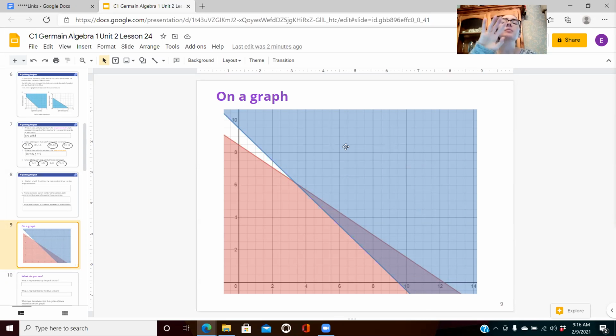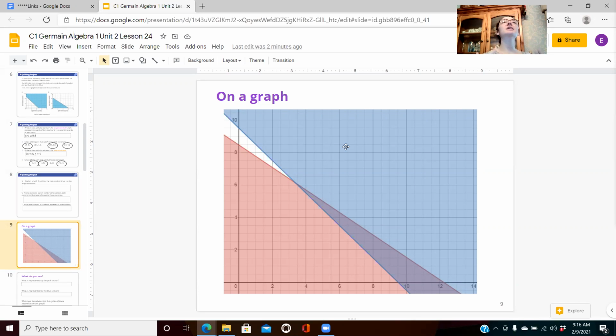Max, you want to unmute and tell me why you think that's not going to be a solution? I don't think it's going to be a solution. Can you hear me right now? I can hear you. Yeah. Okay. It won't be a solution because it only solves one of the constraints, and you need to solve both of them. Very good. Awesome job, Max.